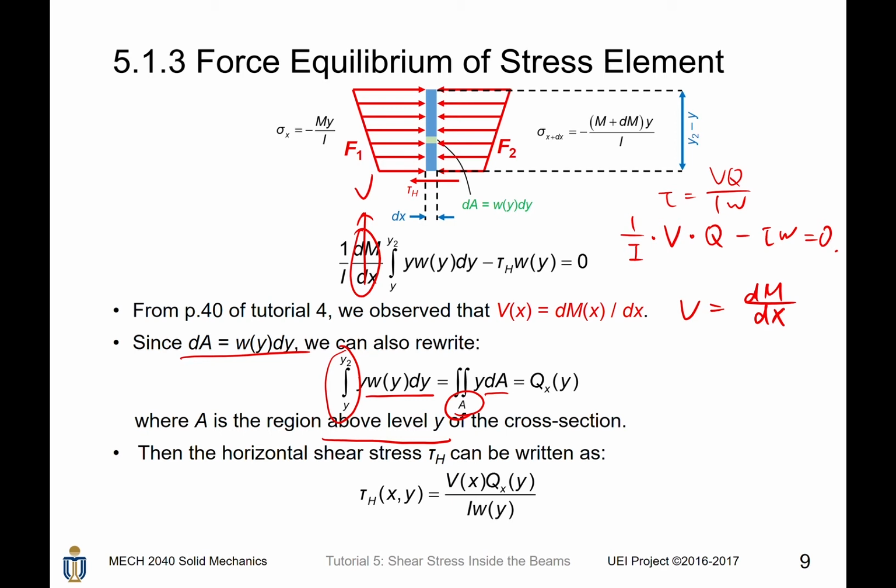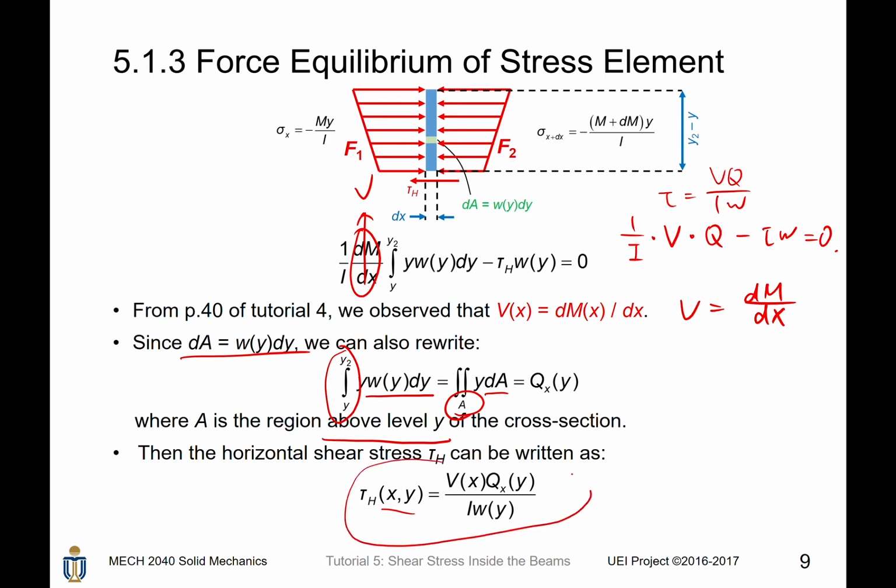So now we get a conclusion that the horizontal shear stress inside the beam depends on two variables, x and y. It equals the shear force acting on this cross-section times the first moment of area above the level of y, divided by the second moment of area of the entire section times the width at that particular value of y.